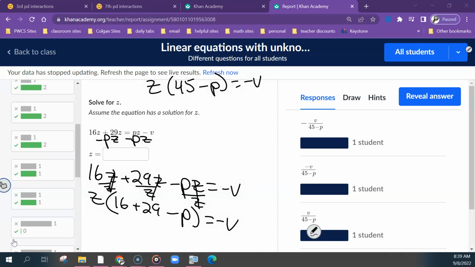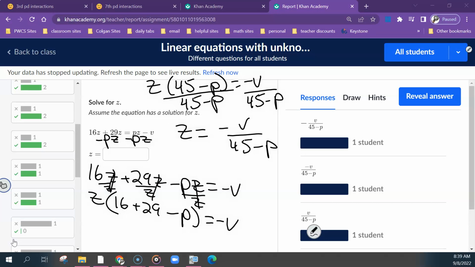And then to get z completely by itself, I would divide both sides by what's inside here. So z would equal negative v over 45 minus p, or the negative out the front.